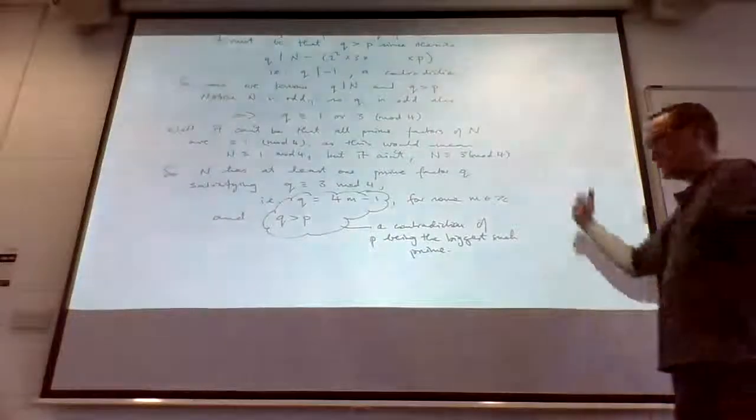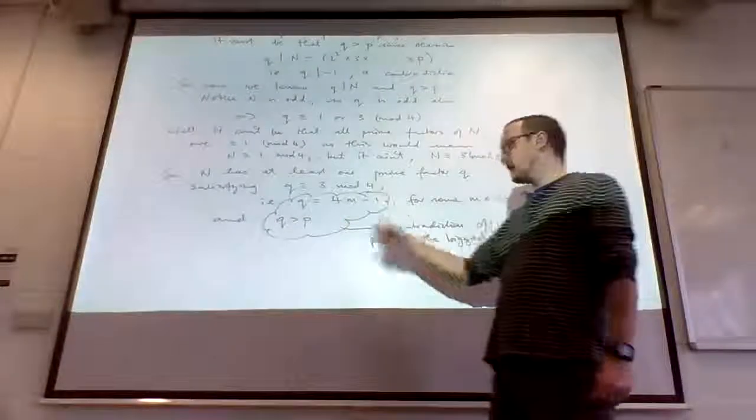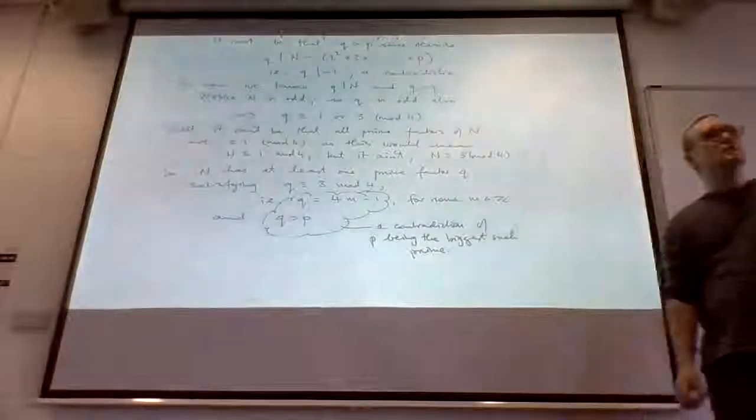So those two statements there, that q is 4m minus 1, q is a prime, and q is strictly bigger than p, contradict p being the biggest such.